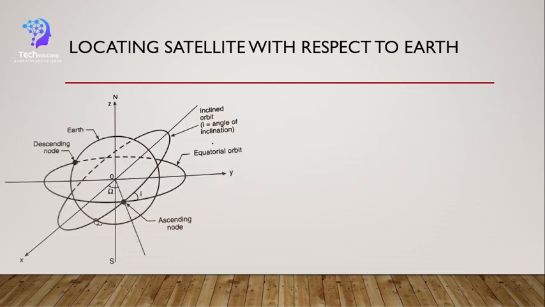As you can see in this image, we have used a rectangular coordinate system, or you can say the geocentric equatorial coordinate system, whose origin O is the center of earth.